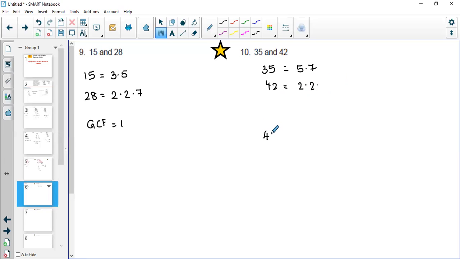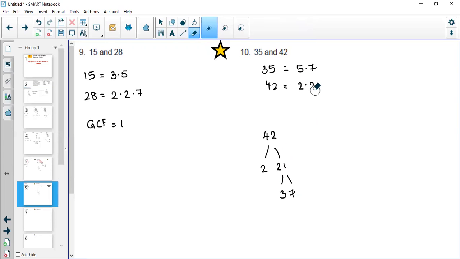If you are stuck in a situation like that, the best thing is to do the prime factorization. So this is going to give you 21, and this is going to give me 3 and 7, which means there is only one 2. So if you ever think you cannot do it orally or mentally, simply stick to this way.